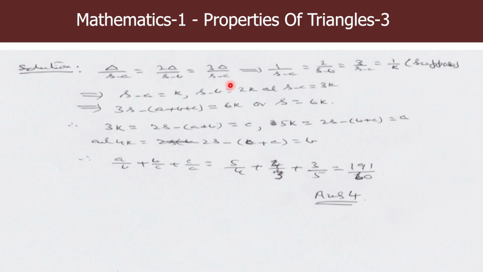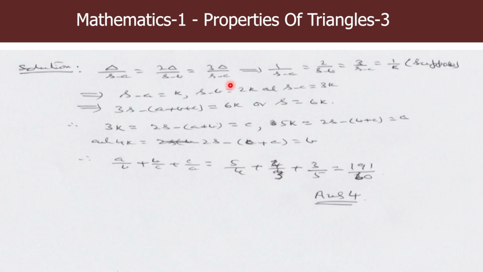Now using those formulas, we get that s minus a is equal to k, s minus b is equal to 2k, s minus c is equal to 3k. So that means 3s minus (a + b + c) is equal to 6k, or s is equal to 6k, because a plus b plus c means 2s.